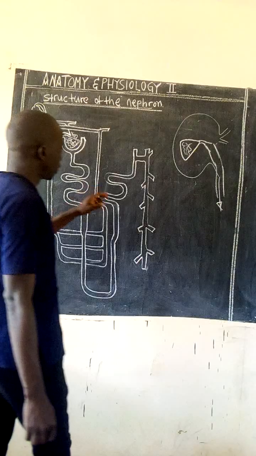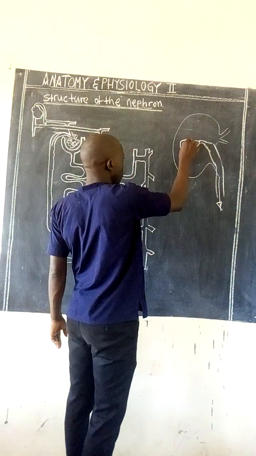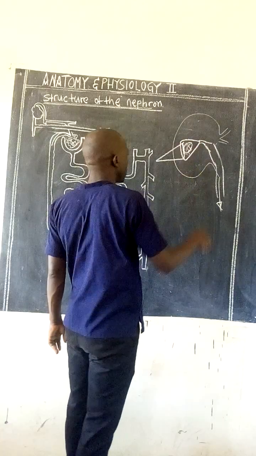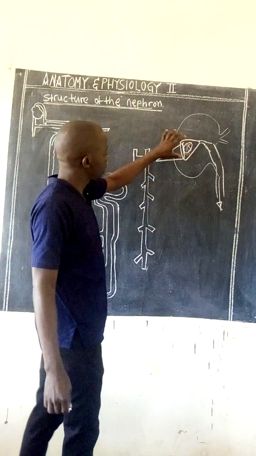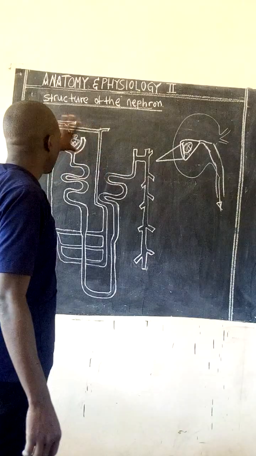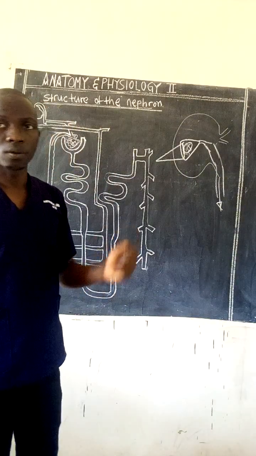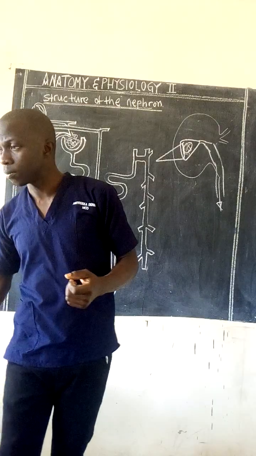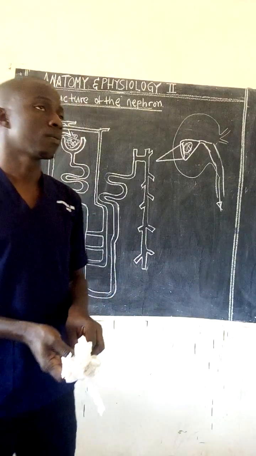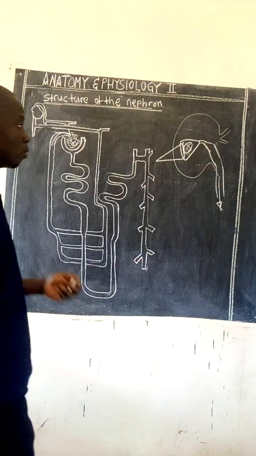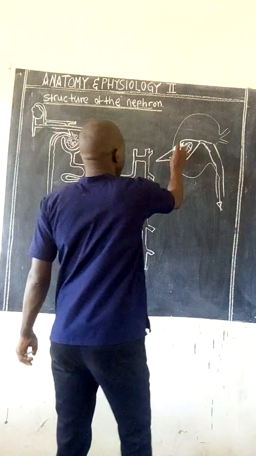So now we're trying to look at this nephron. We have put the nephron here inside the renal pyramid, and we want to see how it looks, because we have said it is the functional unit of the kidney, and its main function is formation of urine.